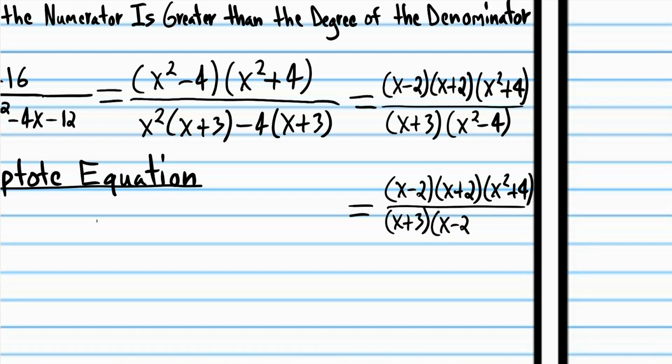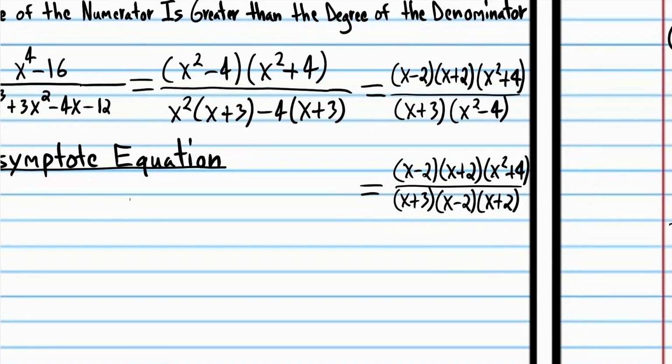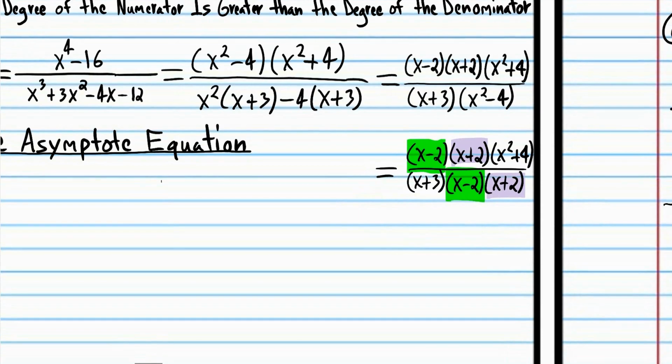So that becomes x minus 2 times x plus 2. And we can see that we have a hole at 2 and a hole at -2, because those factors cancel out.